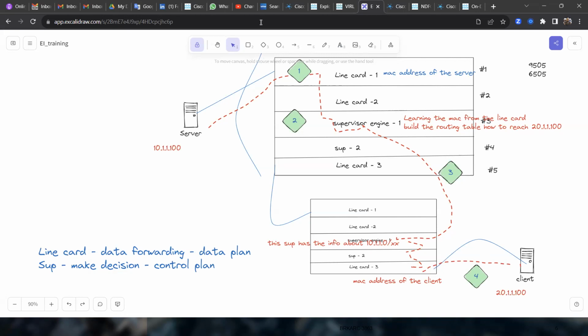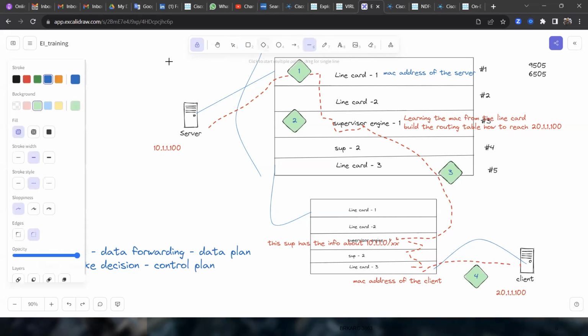So only the first time, when the server has to reach the client, the flow will go to the line card, to the supervisor engine, to the other side supervisor engine, to the other side line card, and it will reach the client. This is the first time flow.